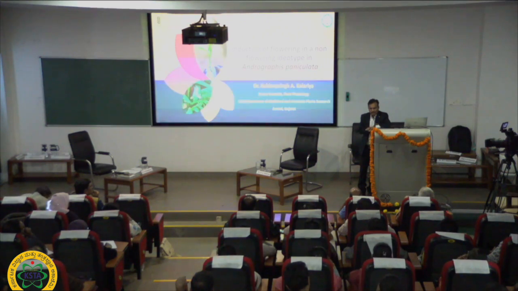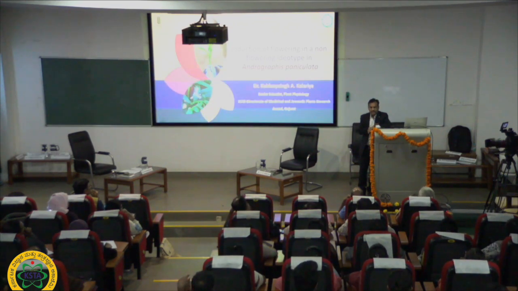We have 26 AICRP centers across India, and if we find any promising material, we propose it for multi-location trials across our 26 AICRP centers for at least 3 years. Based on those data only, we propose any variety for that particular region or across India, based on the data of 3 years across India.